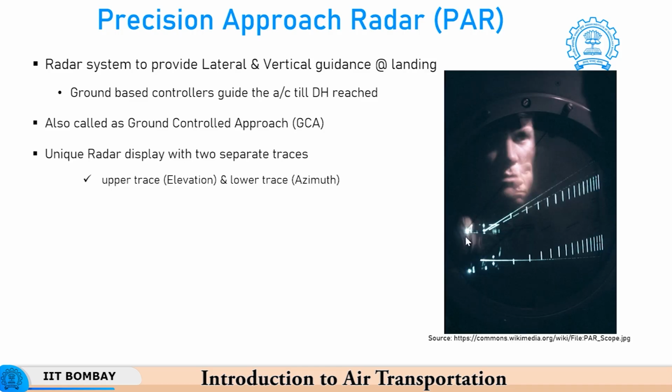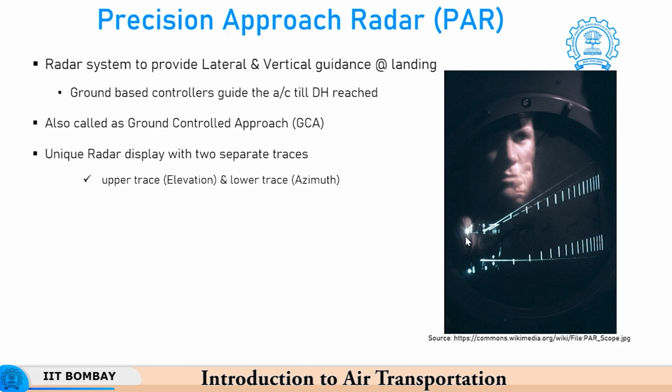The PAR has a unique radar display with 2 separate traces. The upper trace gives you the elevation and the lower trace gives you the azimuth guidance. As you can see in this particular photograph, we see that the face of one of the air traffic managers of the Air Force is flashing on the screen.